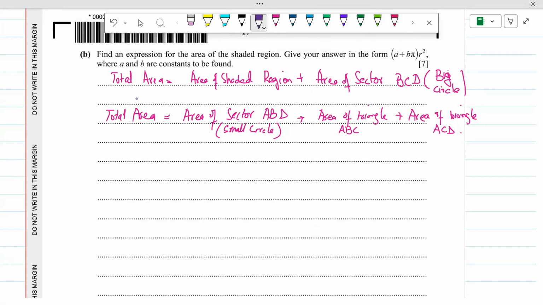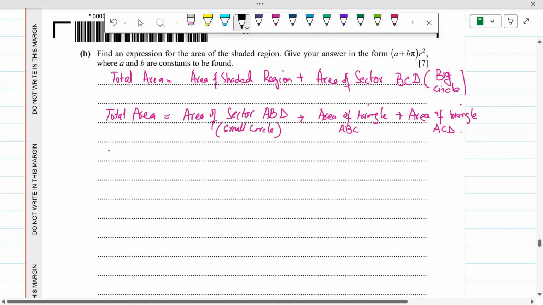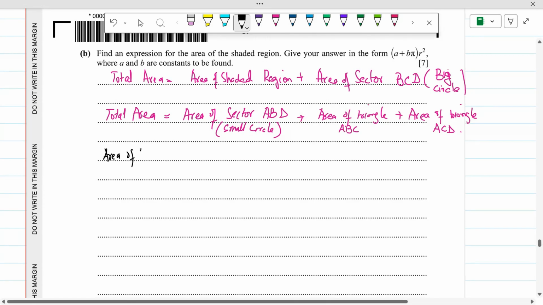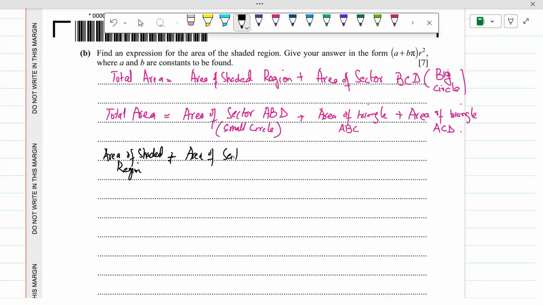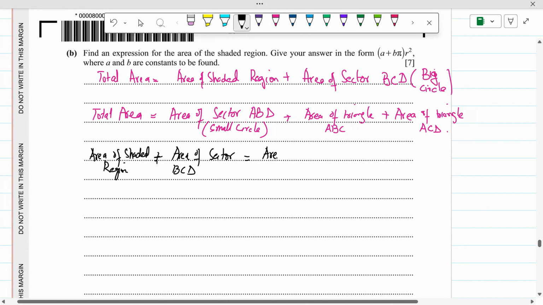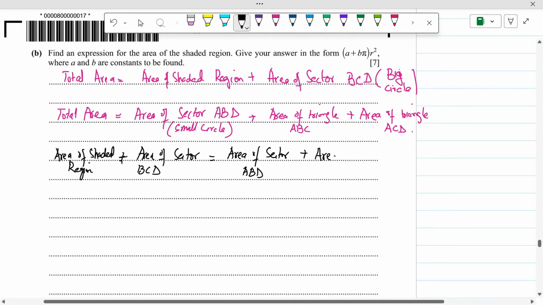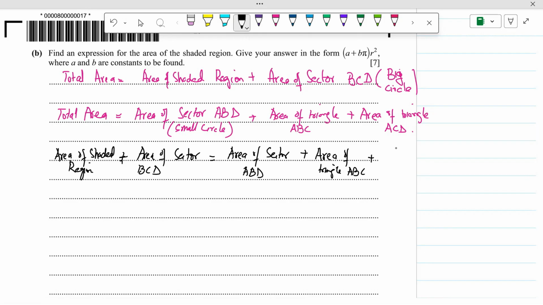Now if we compare these two values of total area, we can say that area of shaded region plus area of sector BCD is equal to area of sector ABD plus area of the triangle ABC plus area of the triangle ACD.